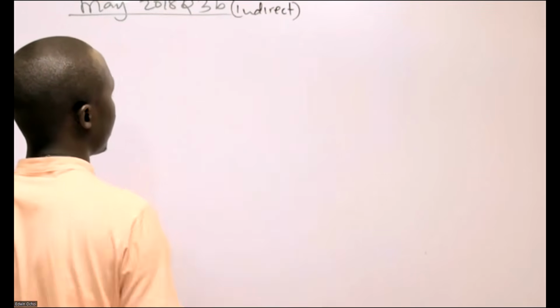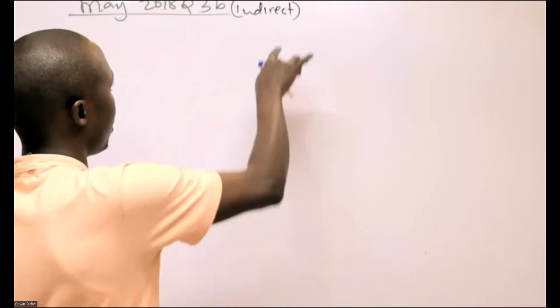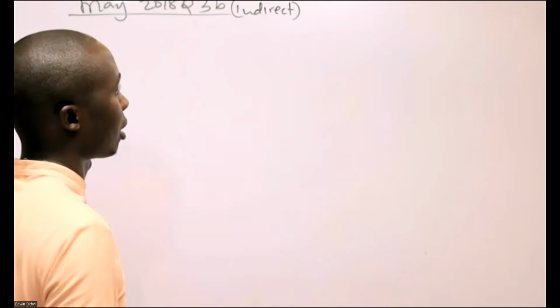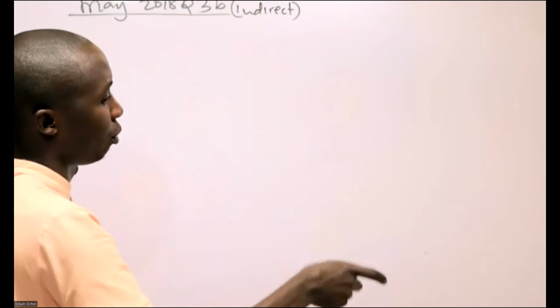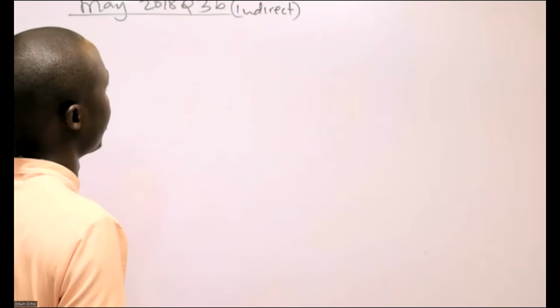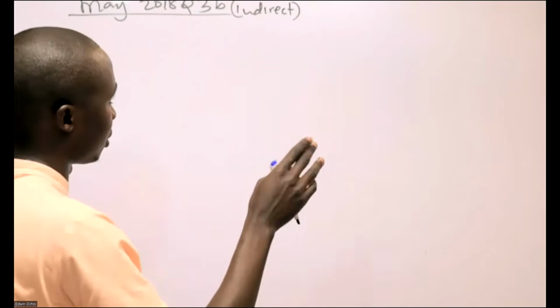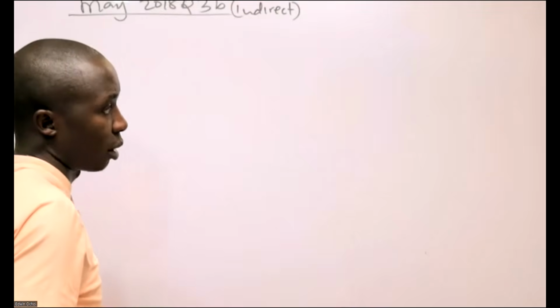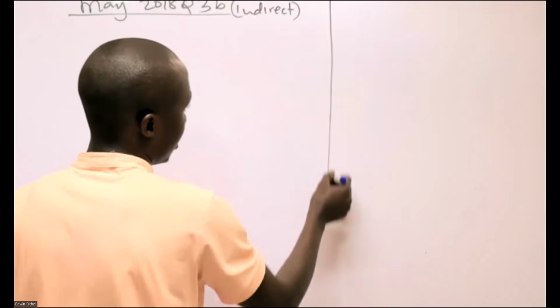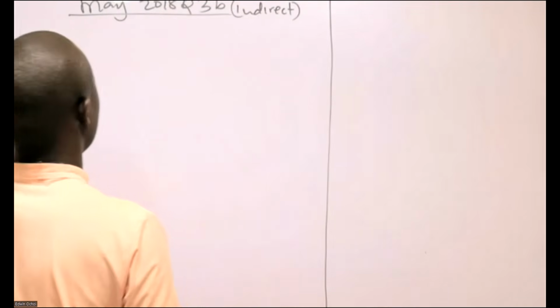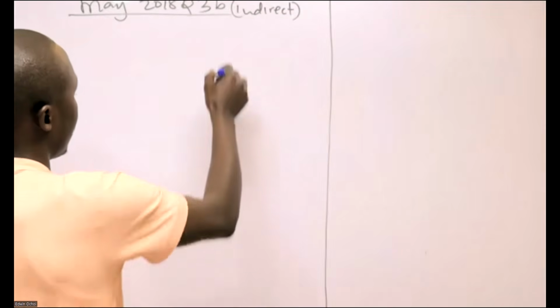Because this one will not waste a lot of time, and this one will give you a lot of marks under the operating activities before even you move to investing. And it seems to be easier. Even if I will do other illustrations using direct, you will come to understand how they apply, both of them. So for now, we'll be using the indirect method.